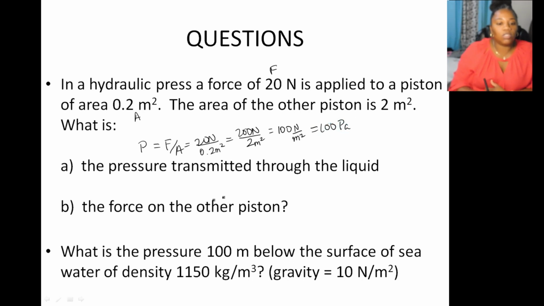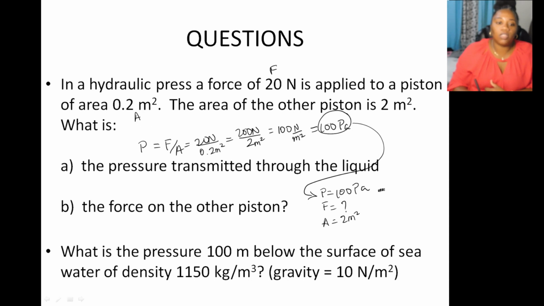So the force on the other piston. Now we're going to use this pressure, where the pressure is equal to 100 pascals, and we want to find force. We have the area. The area of the other piston is 2 meters squared.